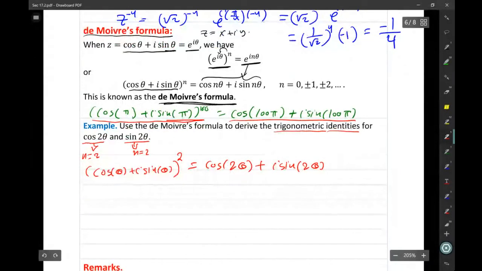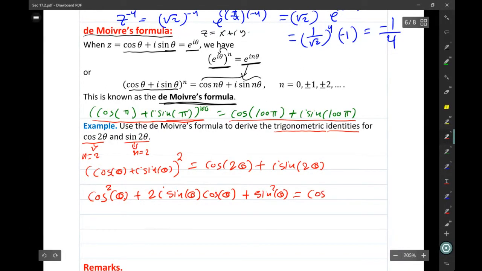Now, when you simplify the left-hand side, it becomes cosine square theta plus 2i sine theta cosine theta plus i square sine square theta, which is equal to cosine 2 theta plus i sine 2 theta.